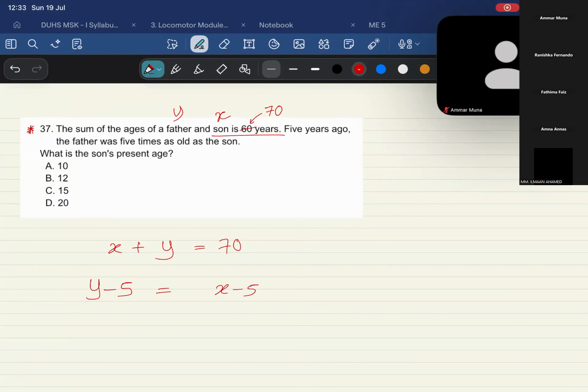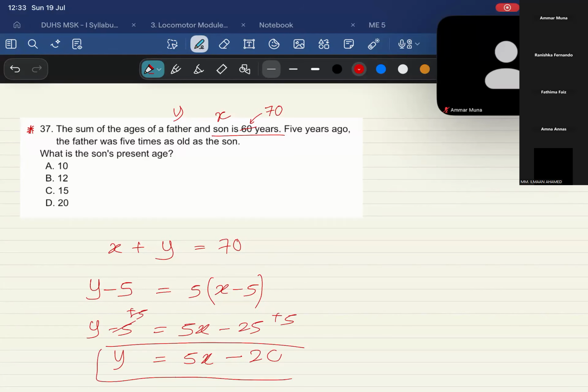The father was 5 times as old as the son. Let's solve this. Y minus 5 equals 5X minus 25. So Y equals 5X minus 20. So this is one equation that we have.